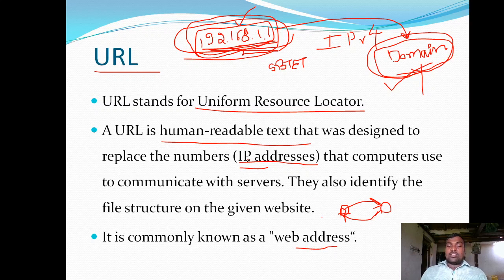So that's why we are using only human readable text, and the computer automatically converts the human readable text into an IP address and port numbers, etc. And they communicate with each other, but they display human readable text on the screen.